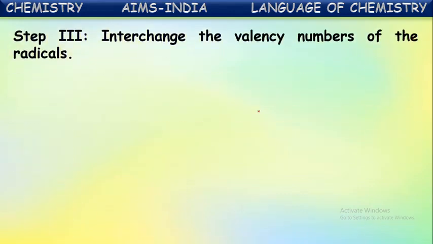In the third step, we interchange the valency numbers of these radicals. The number remaining from the valency of the positive ion is written at the right bottom of the negative ion, and the number remaining from the valency of the negative ion is written at the right bottom of the positive ion.